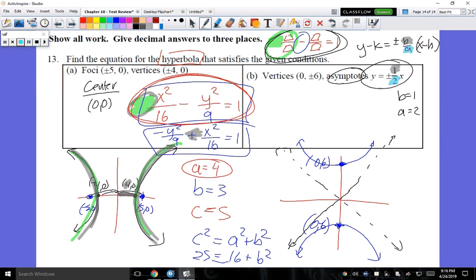So my center appears, because it was a 0, 6 and a 0, -6, which are equidistant away from the center, my center still appears to be 0, 0. But because it's looking up and down, I'm going to put my positive y first and my negative x second. Alright, again, because it's a positive y, it shows that it's looking up and it's looking down.